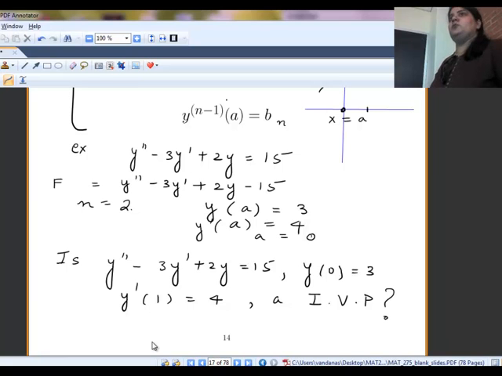Is it an initial value problem? For an initial value problem, you need initial conditions and you need a differential equation. The initial conditions are y at 0 is 3 and y prime at 1 is 4. Are they right? So is it an initial value problem?